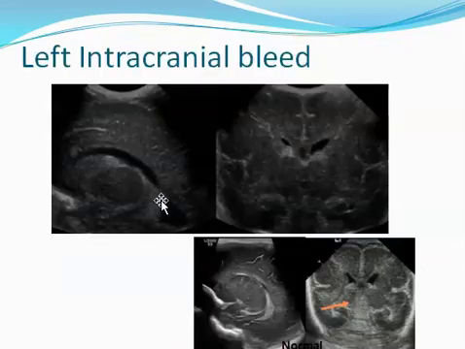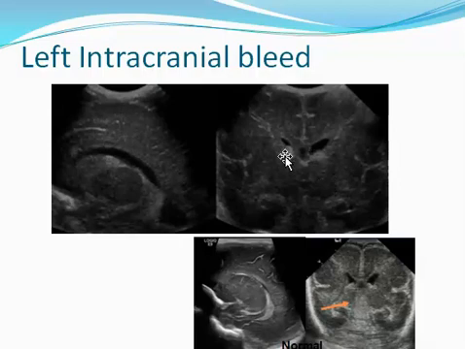If you look at over here, this is the sagittal view and this is the coronal view. Look at this small little echogenic focus right at the caudothalamic notch. And this is the choroid plexus. So this is an abnormal finding. This is the normal.